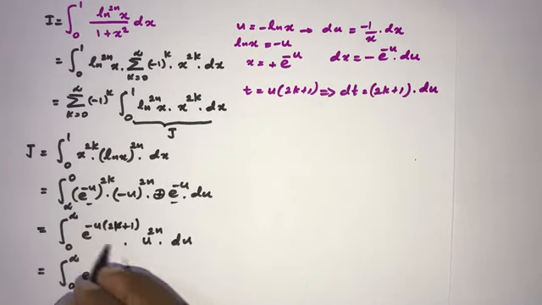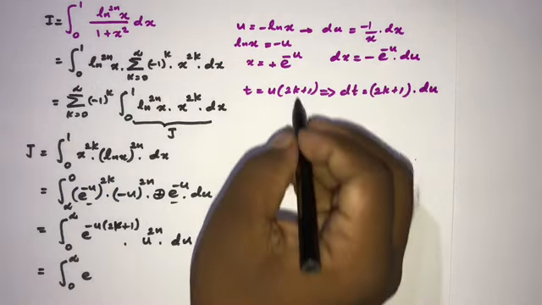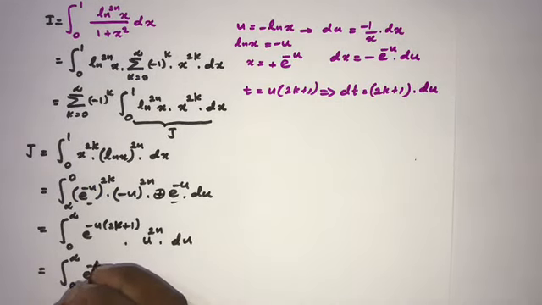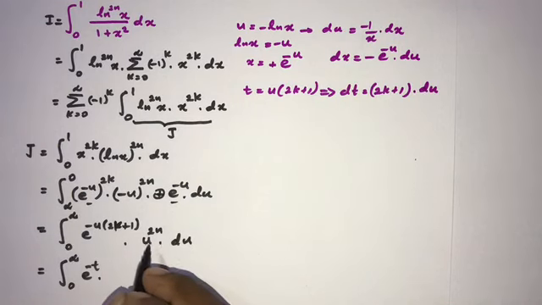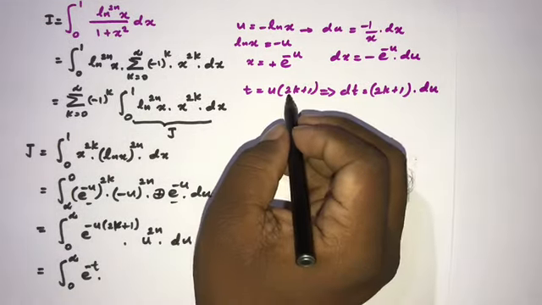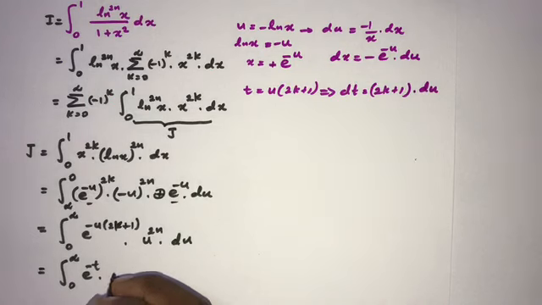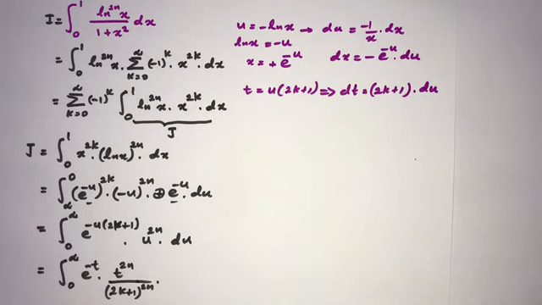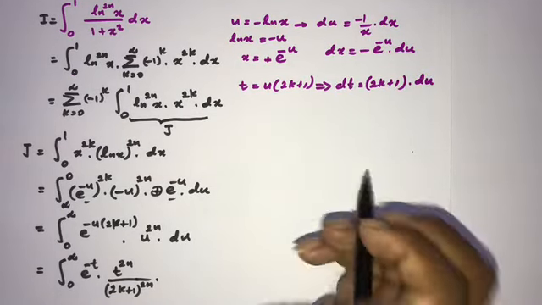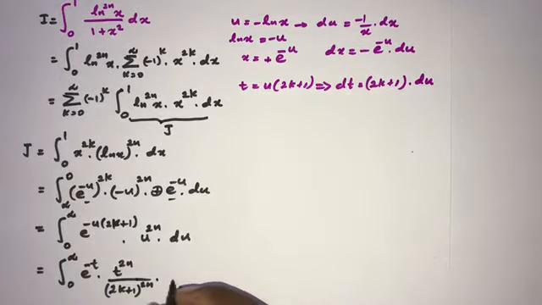Now e to the minus u times 2k plus 1 is e to the minus t, times u, which is t over 2k plus 1, so t raised to the 2n power over 2k plus 1 raised to the 2n power, times du, which is dt over 2k plus 1.